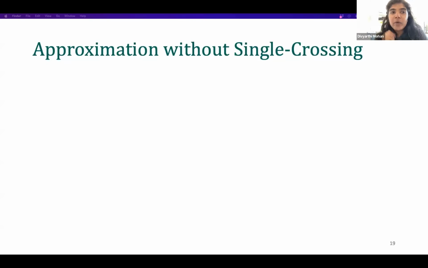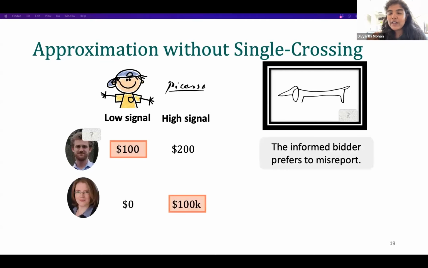Okay, so let's think about approximating the welfare without single crossing. Unfortunately, there is more bad news here. In the most general case, if I think of any valuation settings, I cannot really guarantee much if I don't have the single crossing assumption. Let's go back to our favorite example again.